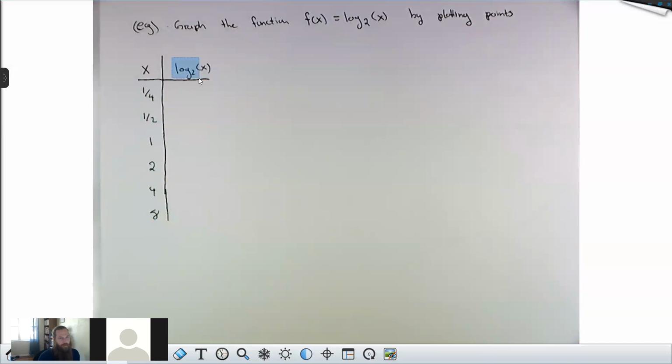And remember what the log base 2 function does. It tells you what power you have to raise 2 to in order to get the input. It's the inverse of the base 2 exponential. So what is the base 2 log of 1/4? To what power must I raise 2 in order to get 1/4 out?